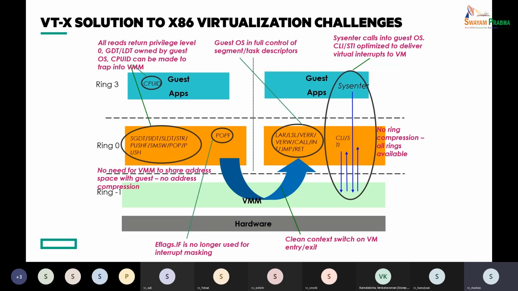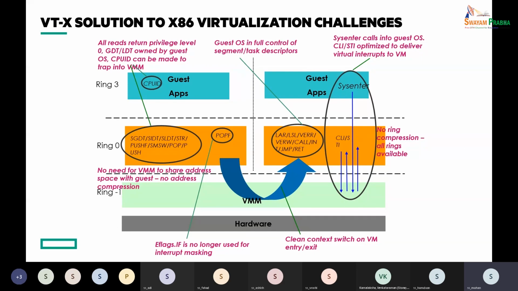I think even the system calls will now go from the guest application into the guest kernel and not really to the VMM, since it doesn't even know that there is a root mode or a non-root mode. So this root mode which the VMM runs in is also called ring -1. The lord of all the rings, in a sense, and that's where the VMM maintains control.